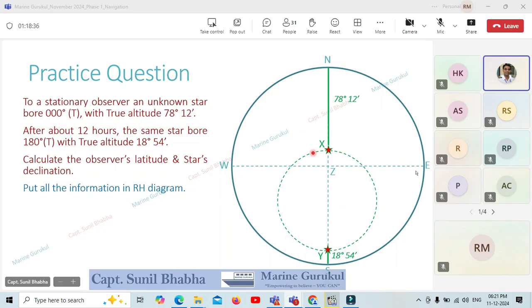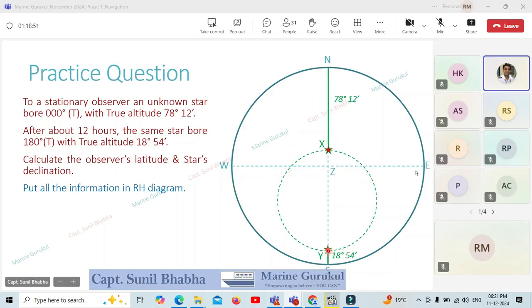There is no other circle you can draw in this diagram so that points X and Y lie on the same circle. So this is the only possibility for the declination circle of the star.